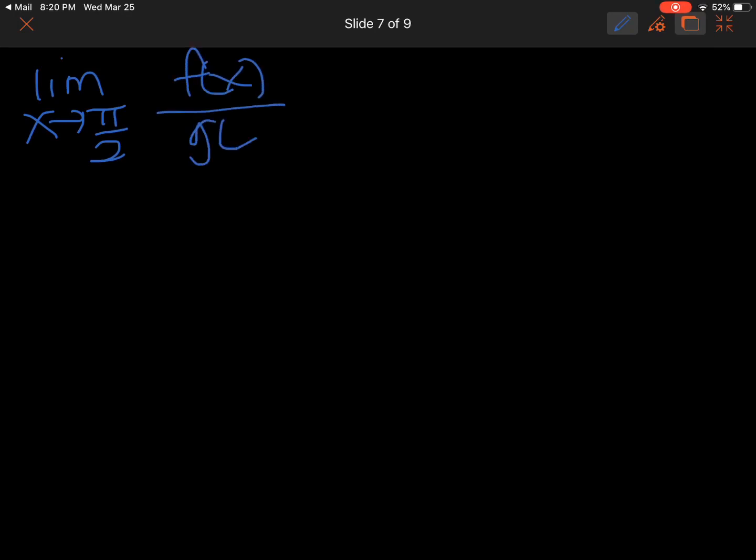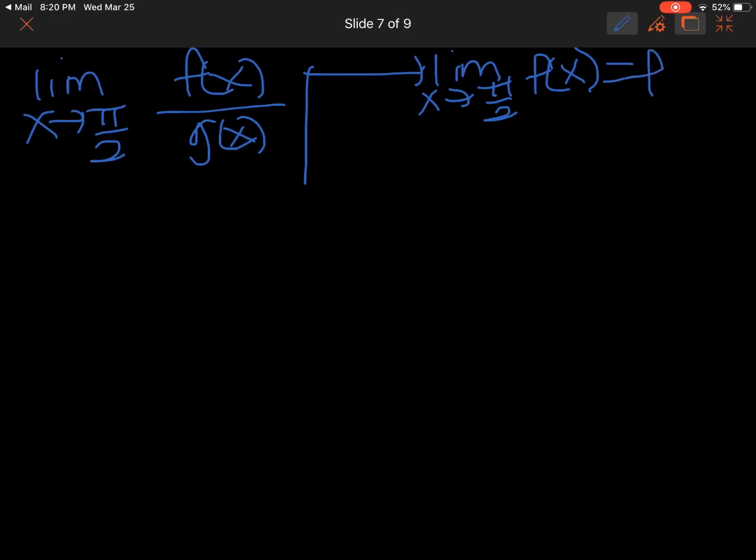All right. So we have the limit as x approaches pi over 2 of f of x over g of x. To justify our usage of L'Hopital's rule, we're going to have to show that both the top and bottom limits are equal to 0. So that's going to give us the limit as x approaches pi over 2 of f of x.